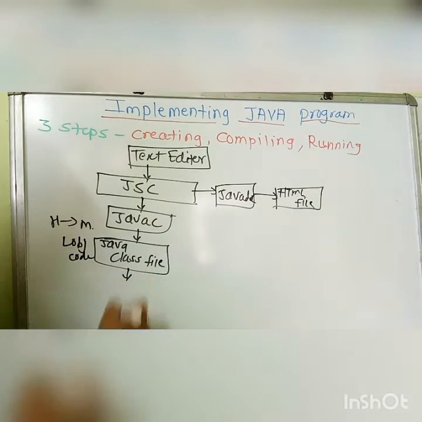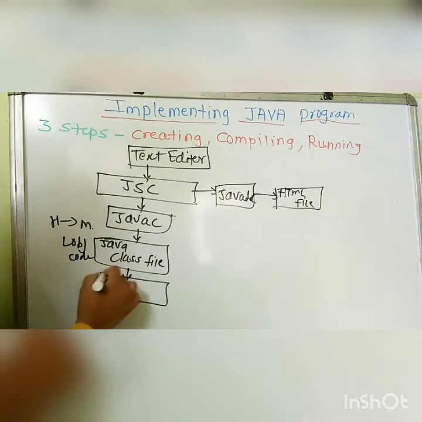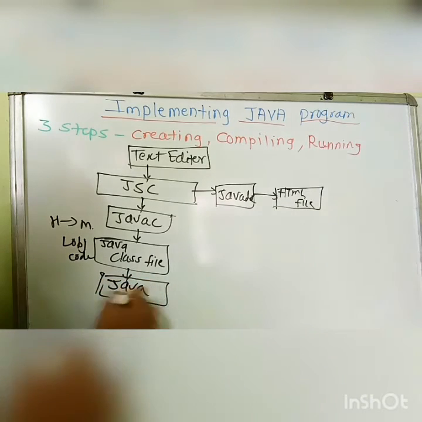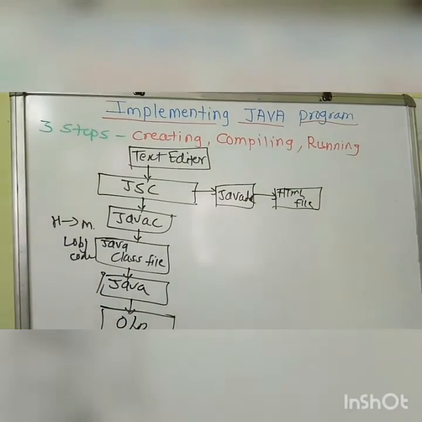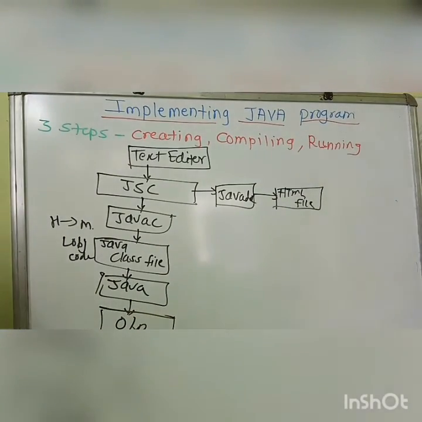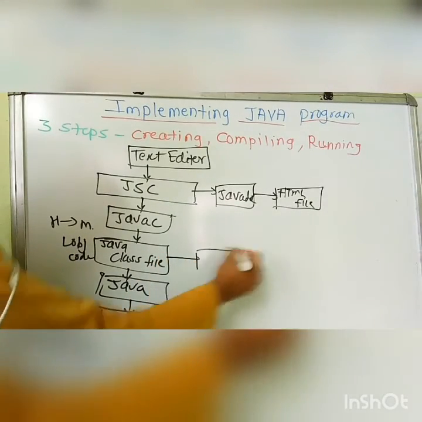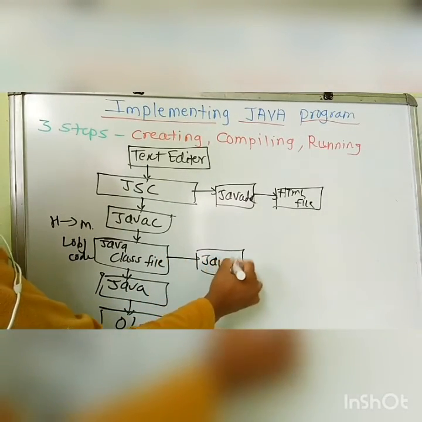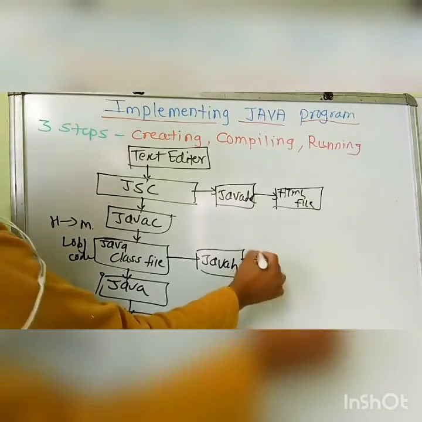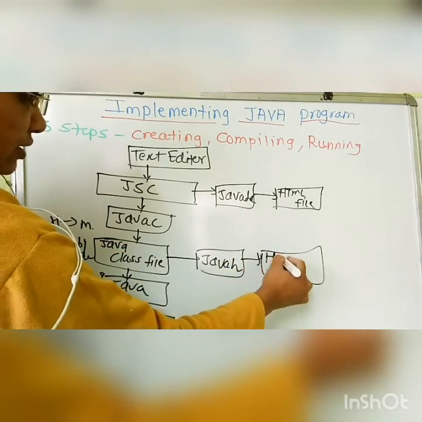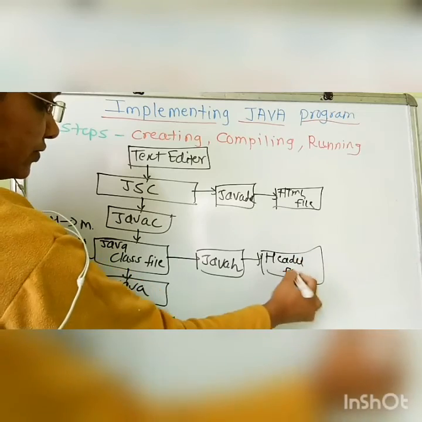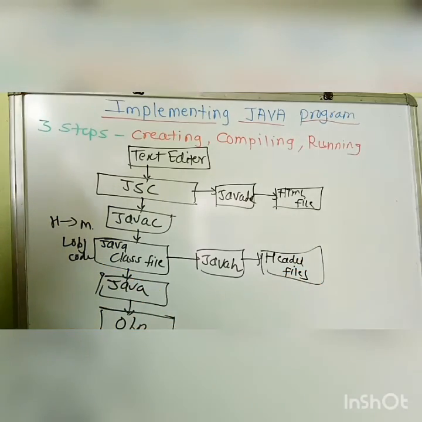Then it will generate the actual Java output, and it will give us the final output of that Java program. Then the Java class file has different header files in it.